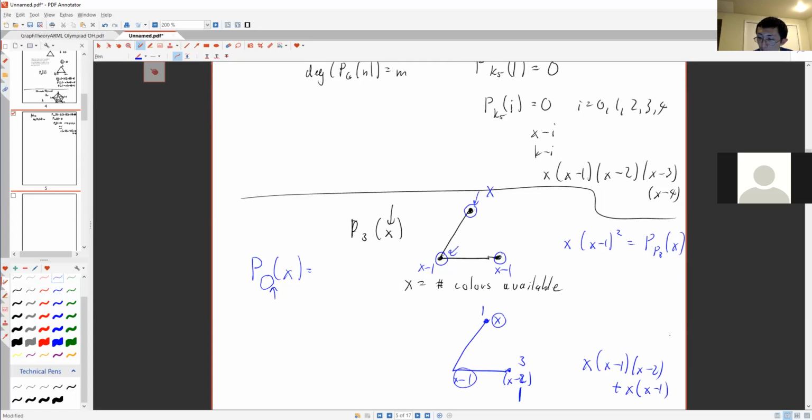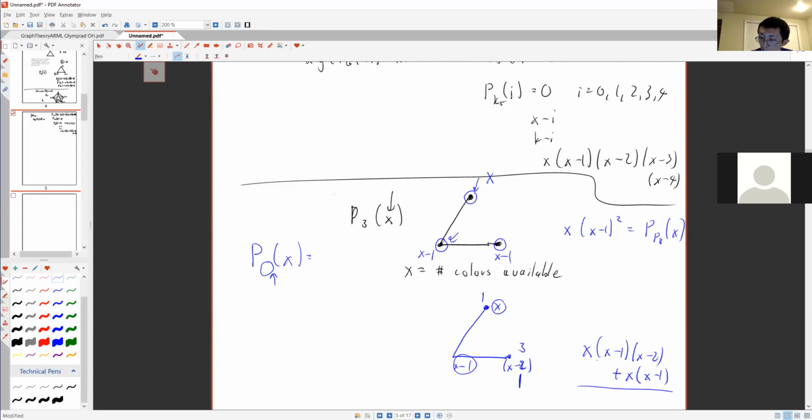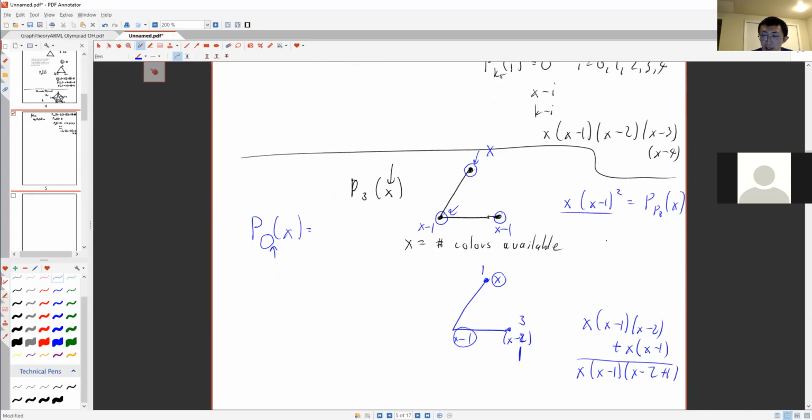So when you add these, you just get the same thing as there. You can do it by cases too if you want, but that's just slower.